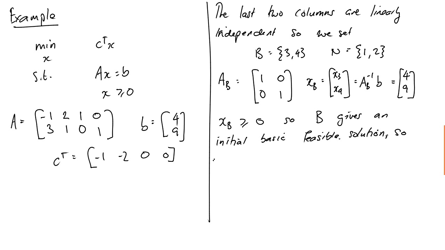So we can start the simplex method. We've got ourselves an initial basis, and that gives us a feasible x, so we can get going.